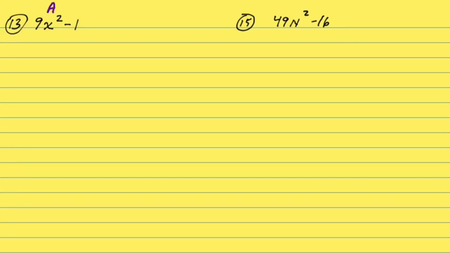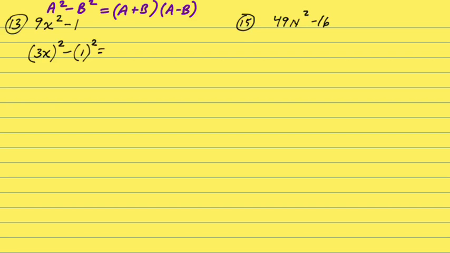These are difference of squares. A squared minus b squared is going to factor into a plus b times a minus b. The reason I'm saying that is these are both perfect squares. 3x quantity squared is 9x squared, and 1 squared is 1.